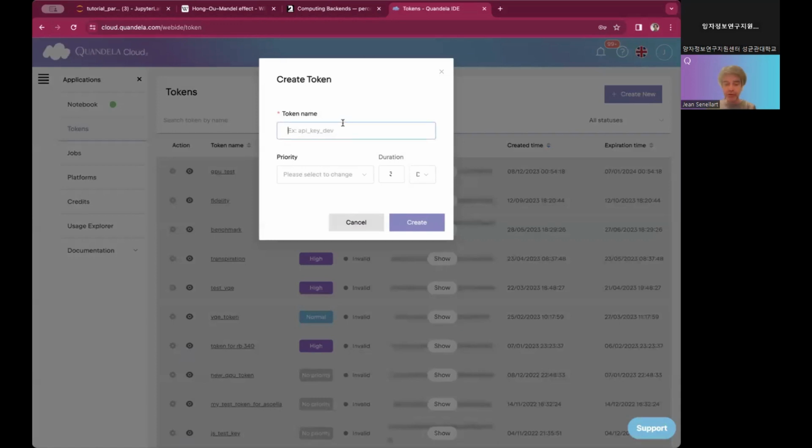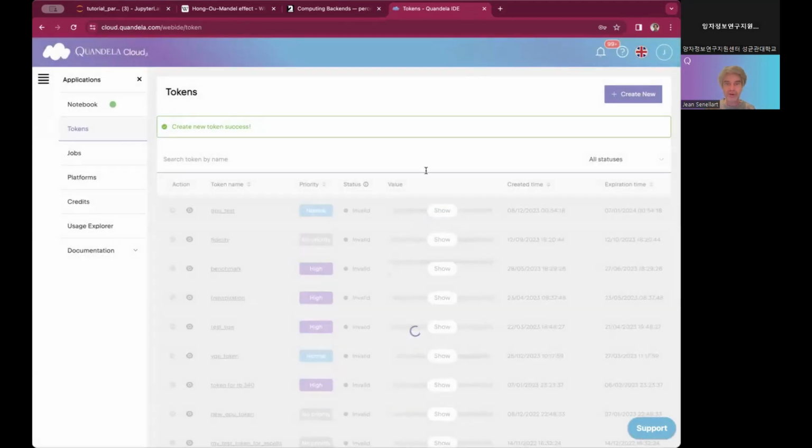You give the name you want, my token. You can assign a priority to a token, so on your side, don't put normal. It also depends: if you are paying for access to the cloud, you will have the ability to have a high priority token. The duration of your token is normally 30 days by default.